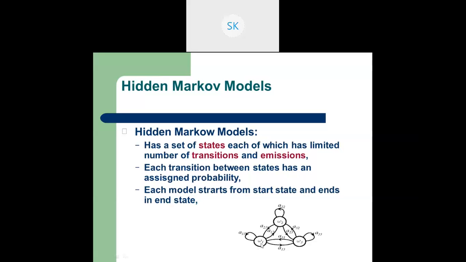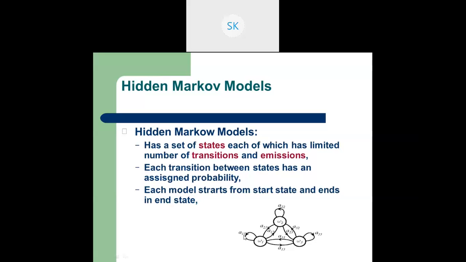Let's say we have three states W1, W2, and W3. And what are transition probabilities? They are for moving from one state to another. Let's say my original state is W1. From W1, I can move to W1 itself.